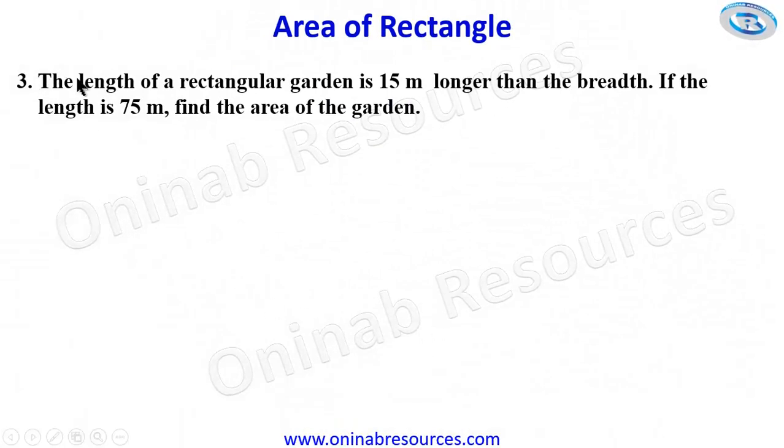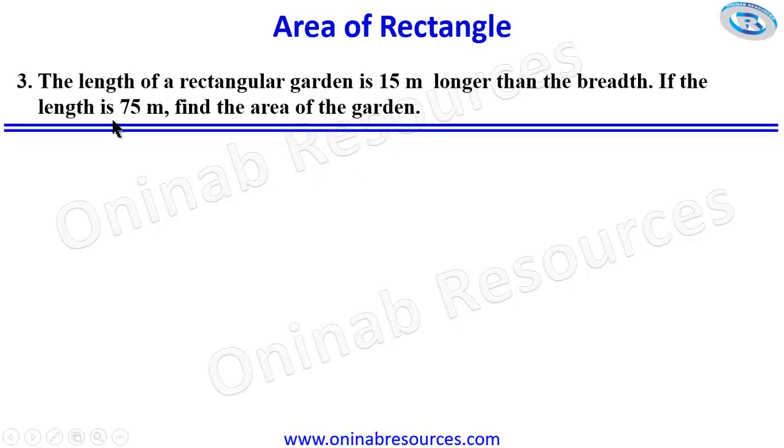For problem 3, the length of a rectangular garden is 15 meters longer than the breadth. If the length is 75 meters, find the area of the garden. We are given the length to be 75 meters, and the breadth is going to be calculated from the length since it is 15 meters longer.